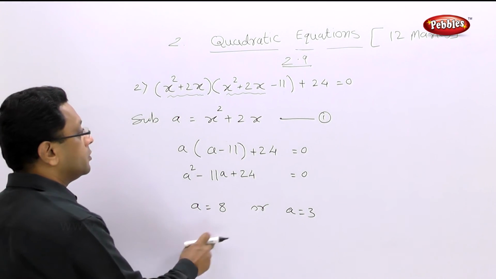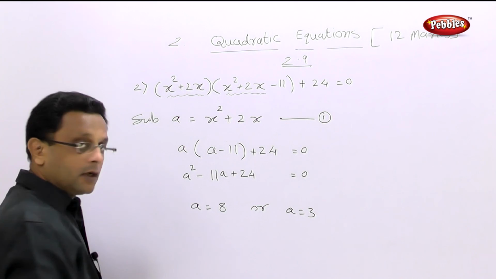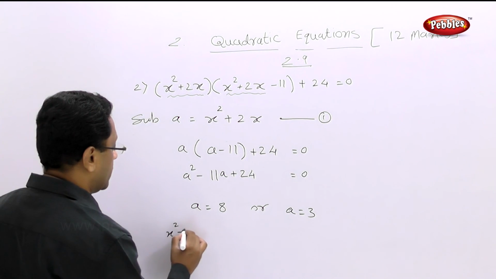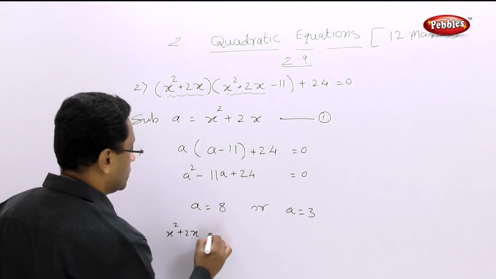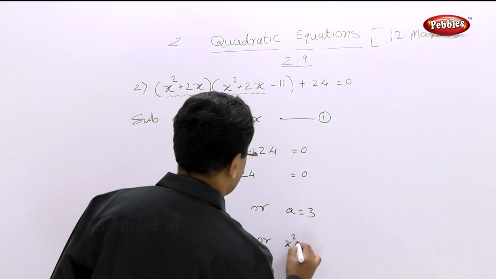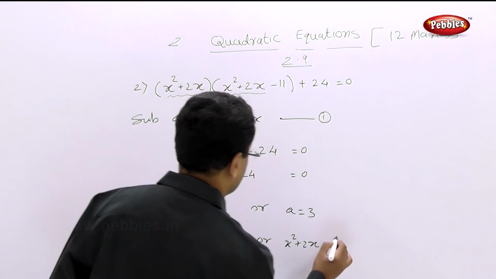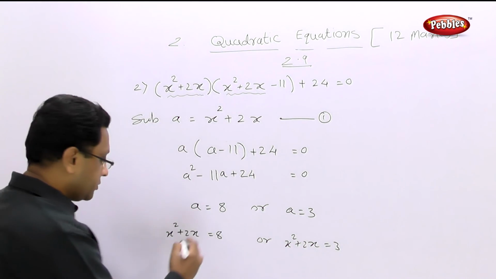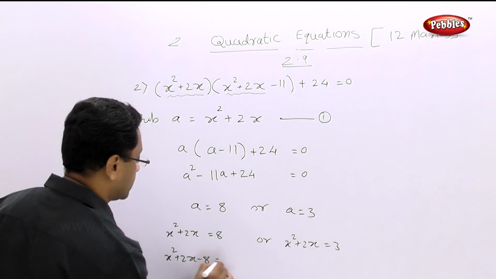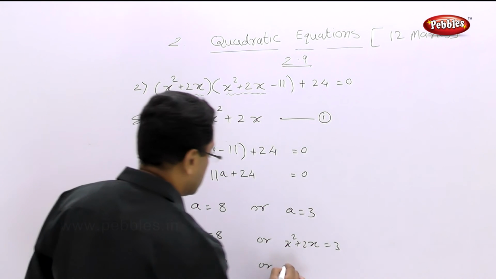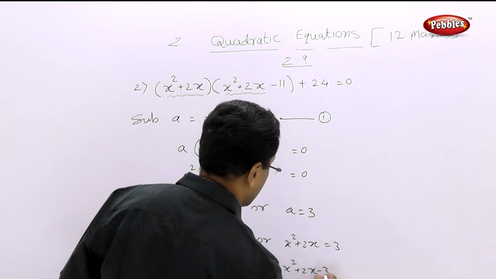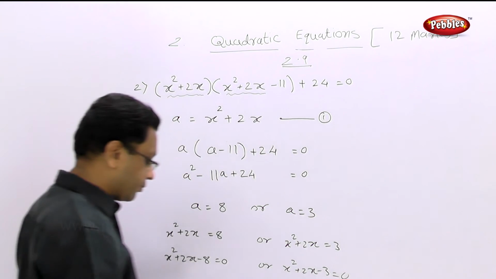Substituting these values here in this equation, what we will get? x square plus 2x equal to 8 or x square plus 2x equal to 3. Transfer: x square plus 2x minus 8 equal to 0 or x square plus 2x minus 3 equal to 0.